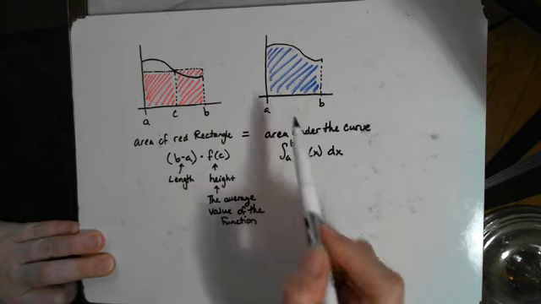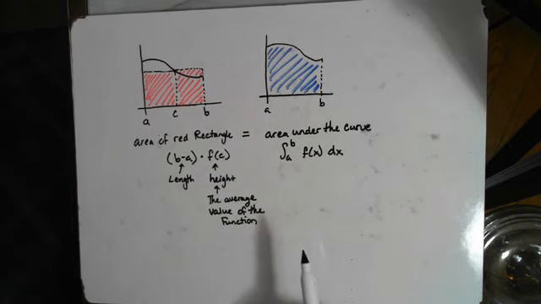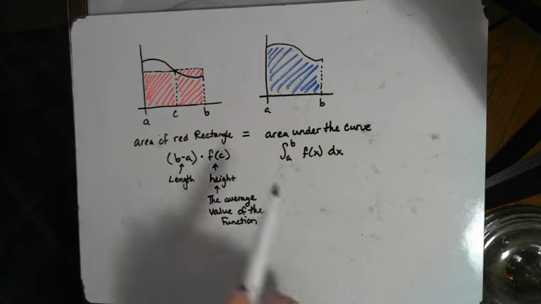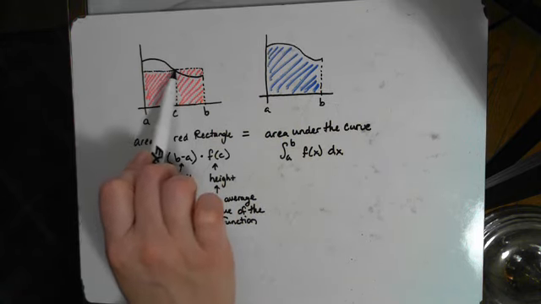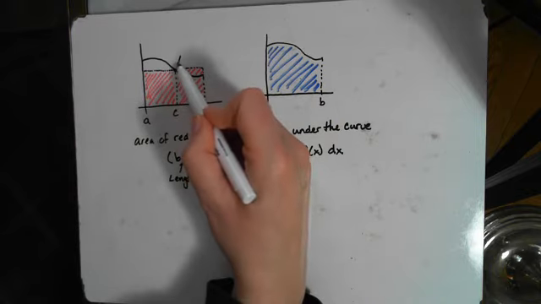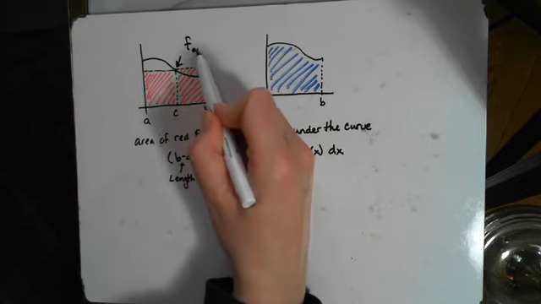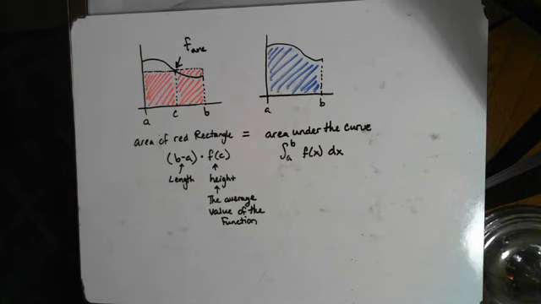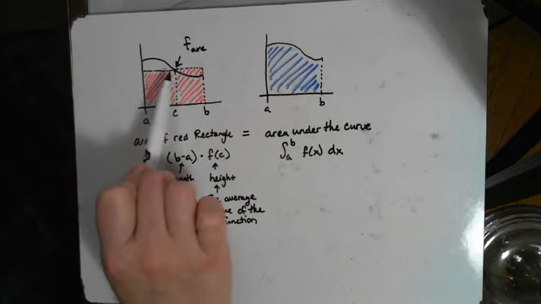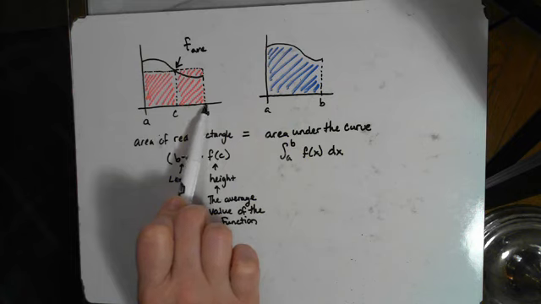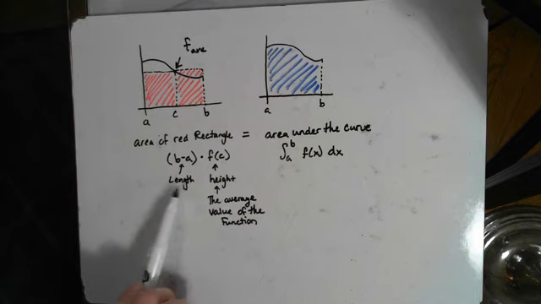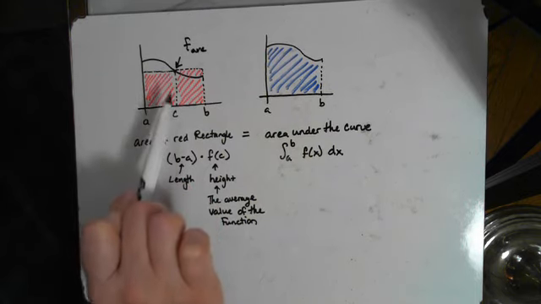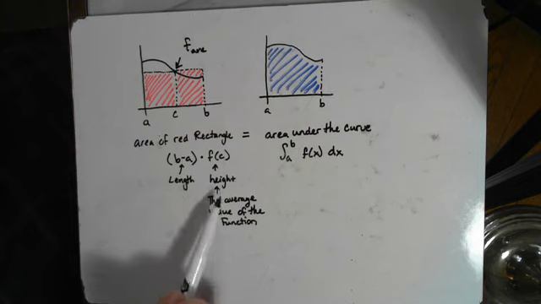What the mean value theorem for integrals is saying is that somewhere on this curve, there's a value c that's equal to the average value of that function. Now, if I make a rectangle that is this distance long from a to b, that's the length of the rectangle, with a height that is that average value, that's this height.